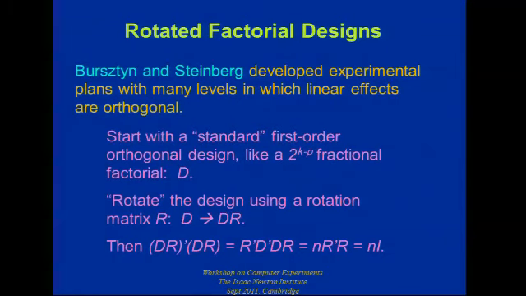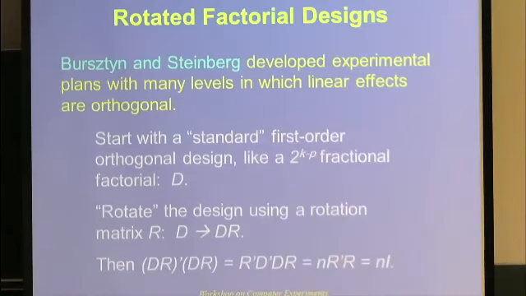The first is that if you start with a standard first-order orthogonal design, and in particular we'll have in mind two-level fractional factorial designs as well as Plackett-Burman designs, so call that design D. Multiply that design by a rotation matrix R. So we have an n by k design, rows by k factors. I'm going to multiply it by a k by k rotation matrix.